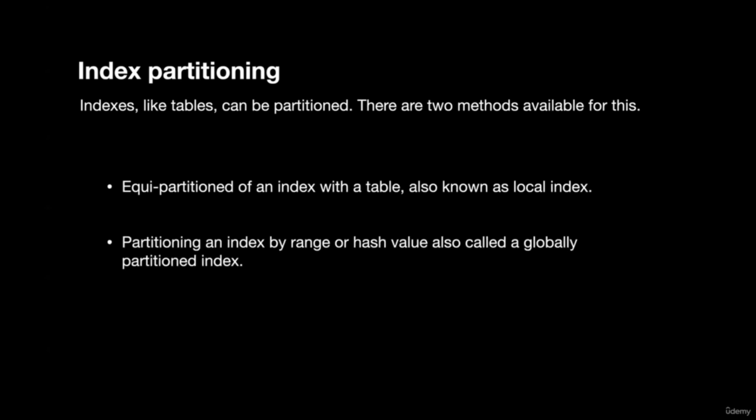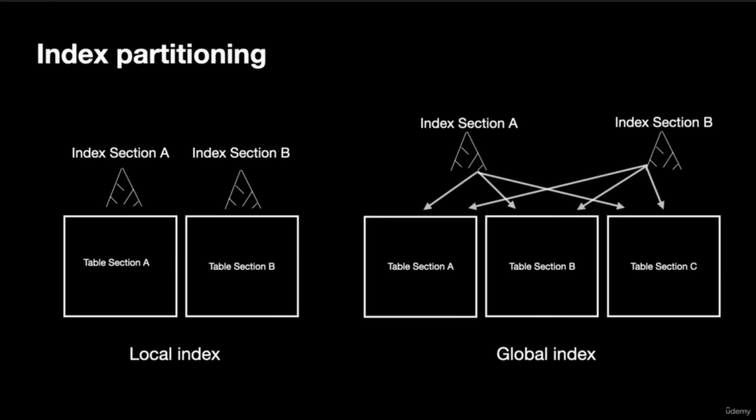Partitioning an index by a range or hash value, also called a globally partitioned index, is the second one. Here, the index is partitioned by range or optionally by hash value in Oracle 10G and later. And a single index partition can point to any and all at the same time partitions of the table. This slide demonstrates the difference between local and global indexes.